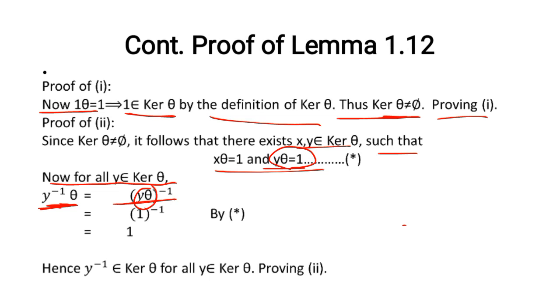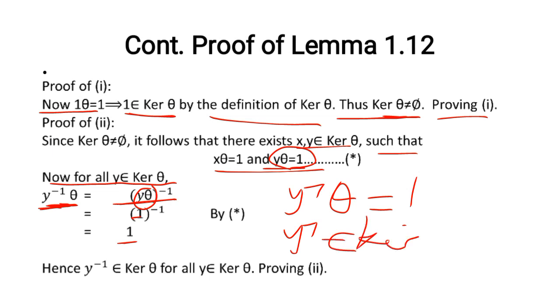So because y theta is 1, I've put 1 here, and 1 right here. And 1 all raised to the power of inverse is just simply 1 itself. And so it means that y inverse theta is equal to 1, which means that y inverse lies in the kernel of theta. Okay, so that's how I say hence y inverse lies in the kernel of theta for all y in the kernel of theta, and that proves the second identity.